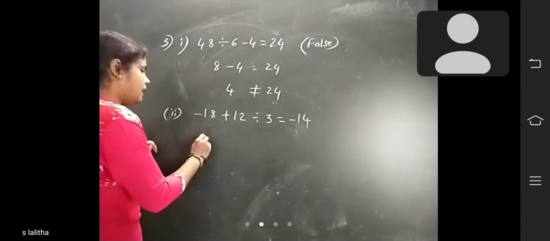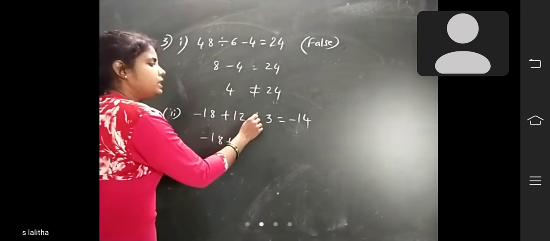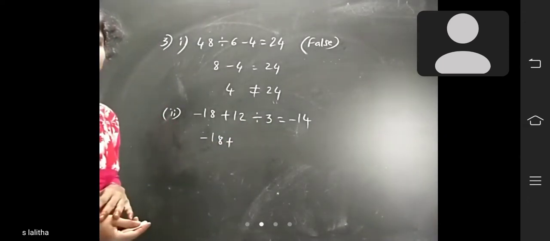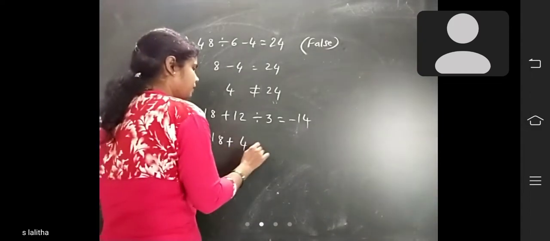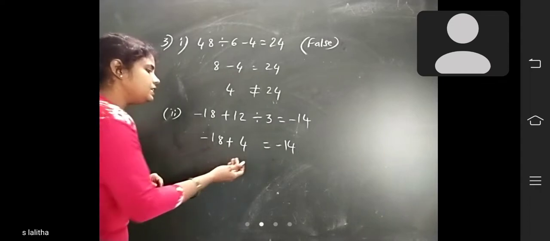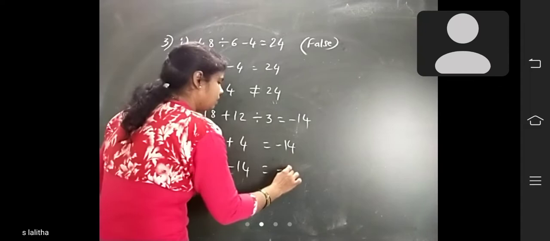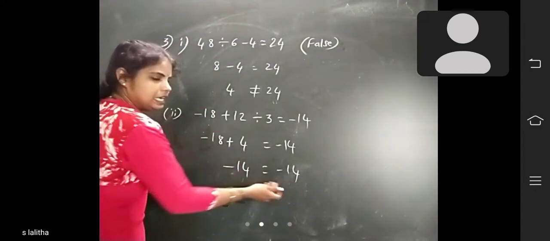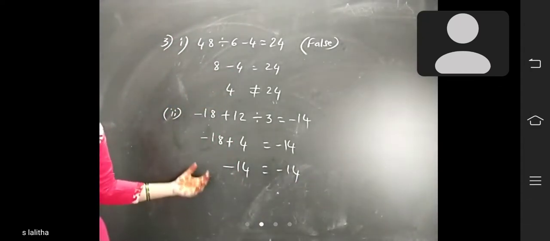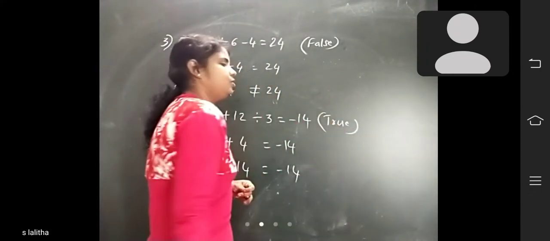So minus 18 plus 12 divided by 3. 12 divided by 3, how much is that? 4. So minus 18 plus 4, how much? Minus 14 equal to minus 14. Both are equal. So this statement is true.